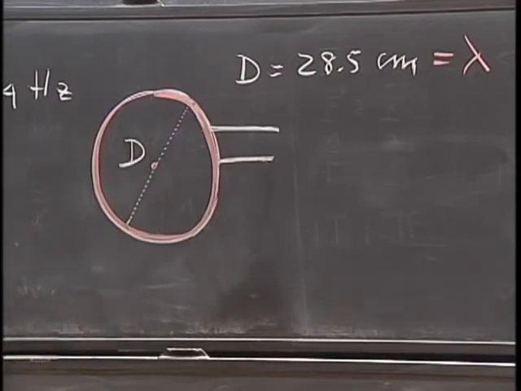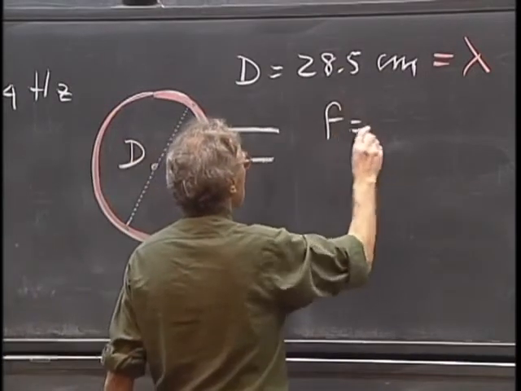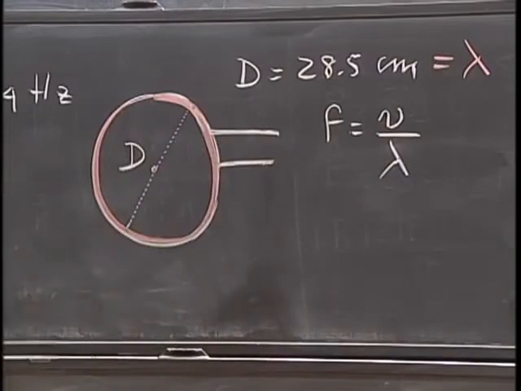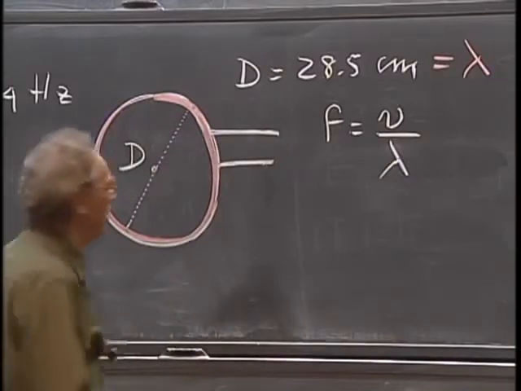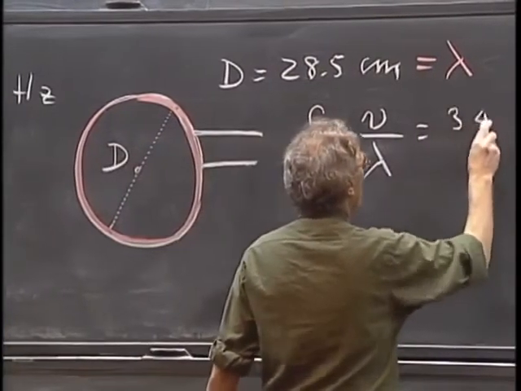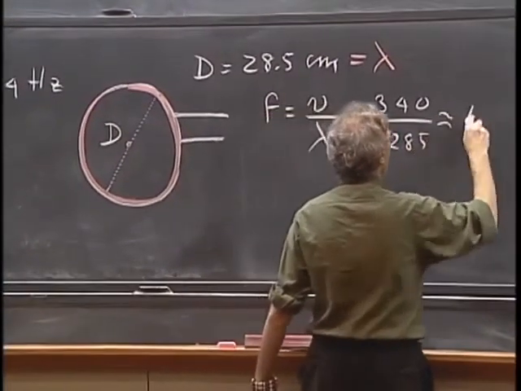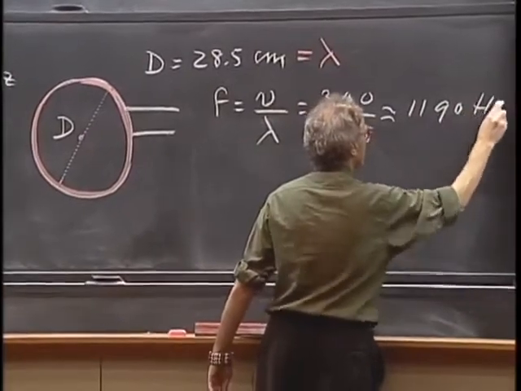And so I made the prediction that the frequency f, which of course is the speed of sound divided by lambda, would be 340 divided by 0.285, and that is something like 1190 hertz.